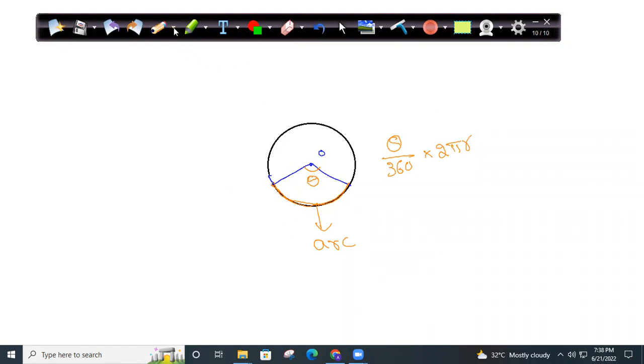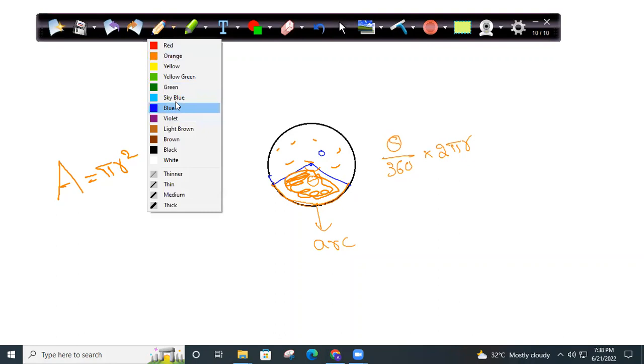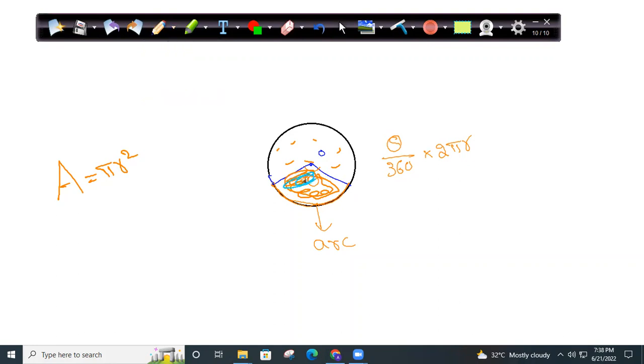Now, first, what is the area of the circle? Area means this entire part. Area is pi r square. Now, I don't want to find the entire area, I just need this part. It is called the sector.